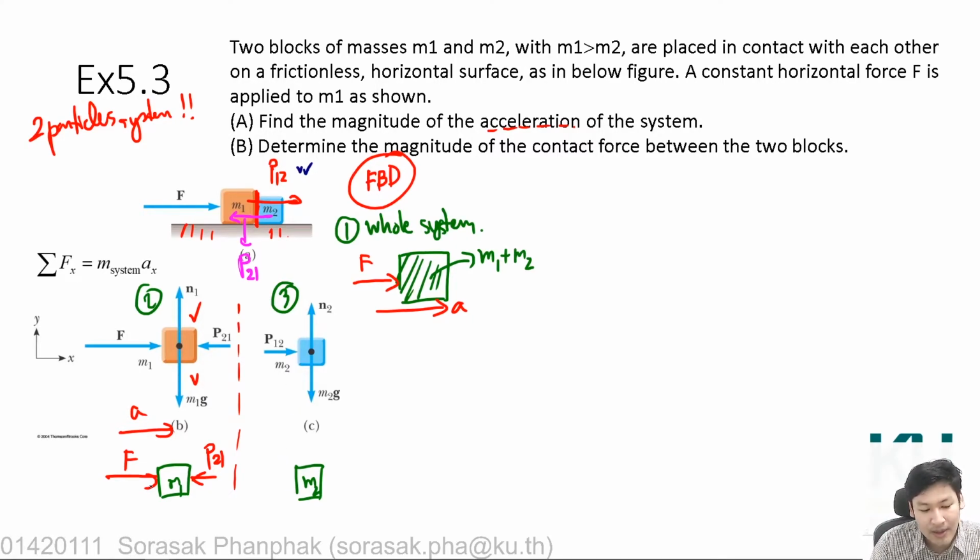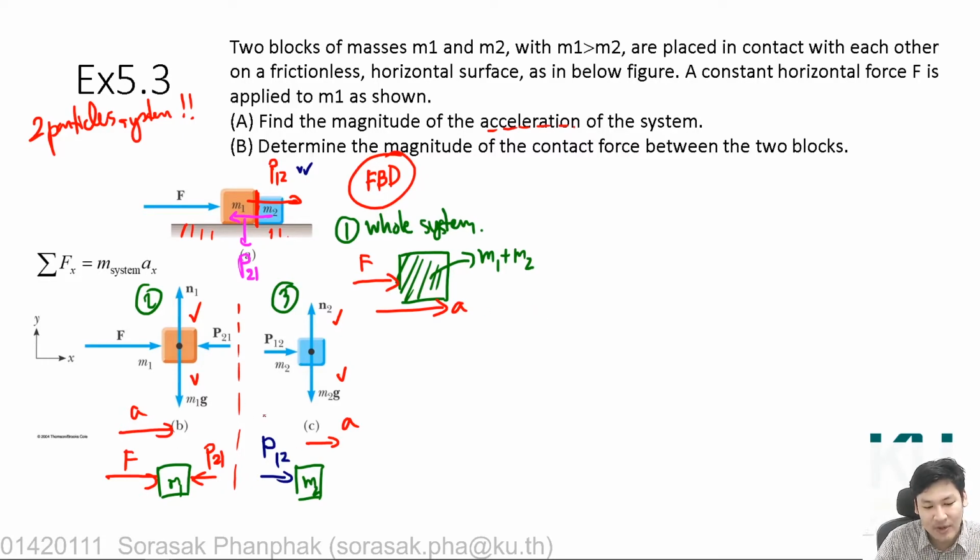So rather than F, you have P12 over here pushing this object, right? And this object is moving forward with the acceleration a. Also, you have the mg of mass 2 equal to the normal force N2 as well.